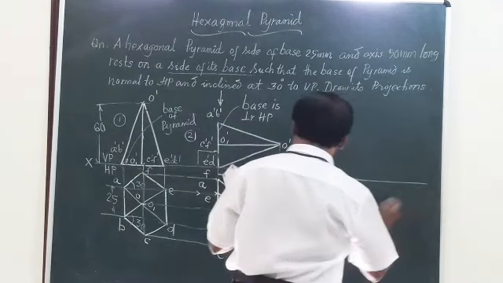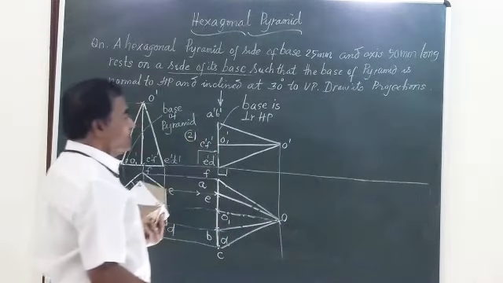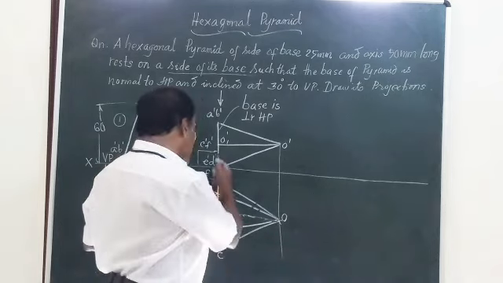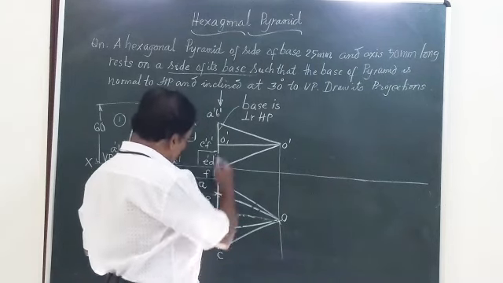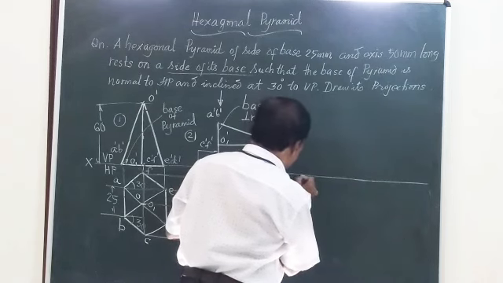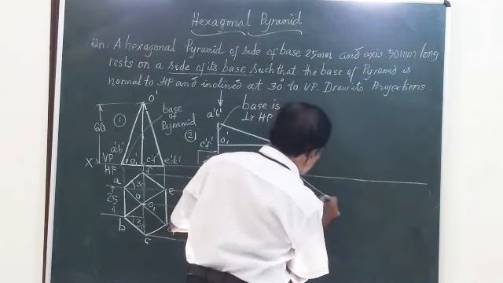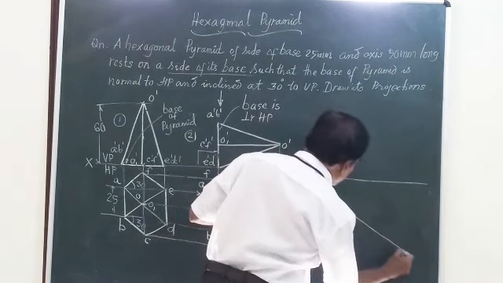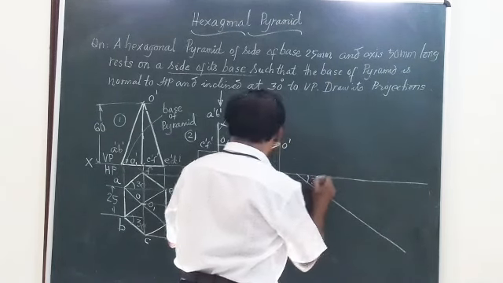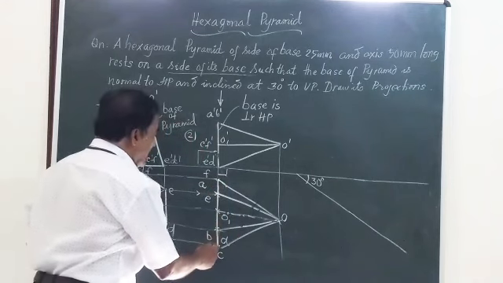So I am going to redraw this figure on a line O1 inclined on the axis of the solid. Here you have to take the base. So I am going to draw a line at an angle of 30 degrees to VP, and on this I have to mark the base.